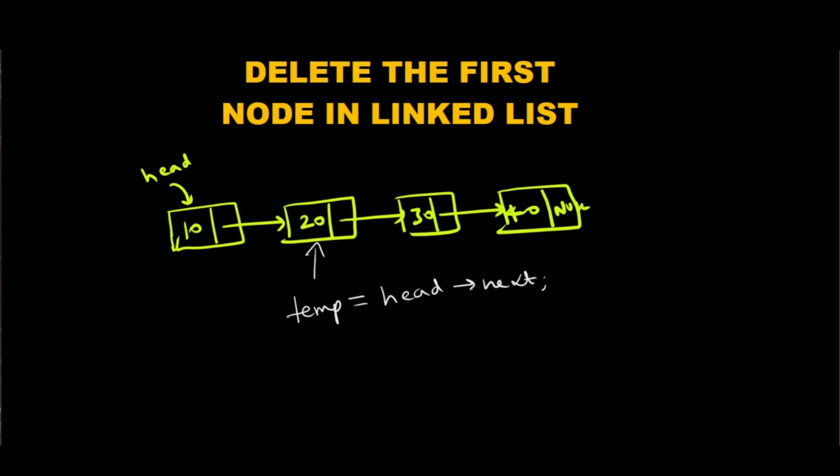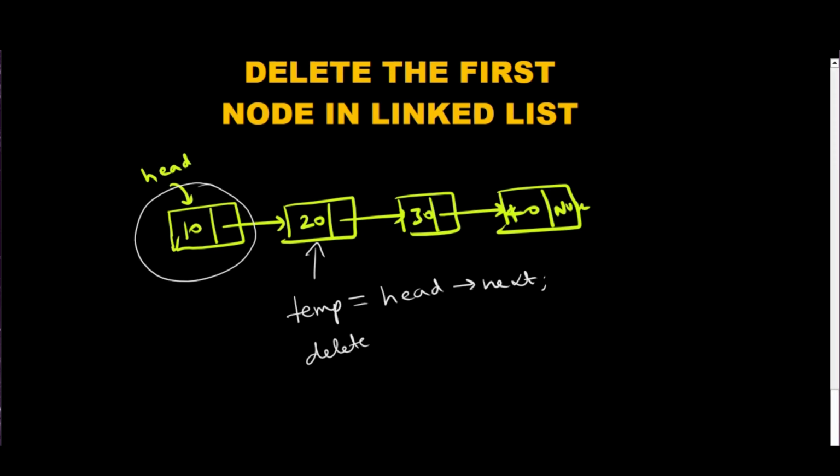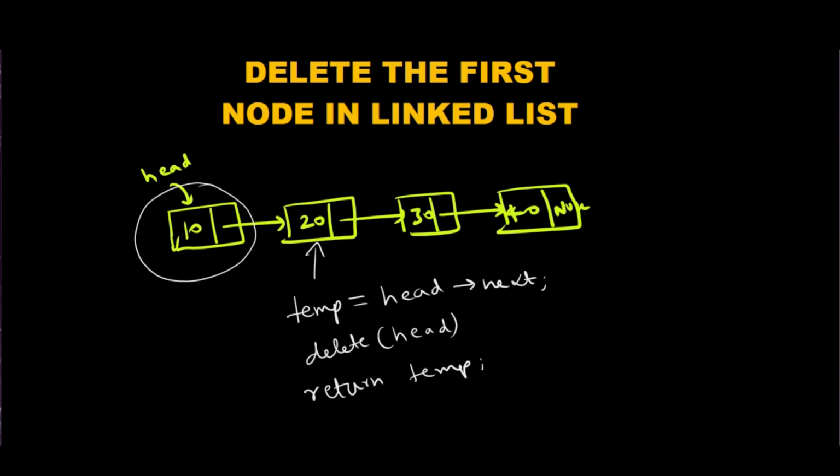Now in Java, automatic garbage collection is there, but in C++ we need to explicitly delete this node. So we'll do delete head, and at the end we will simply return temp as our new head.